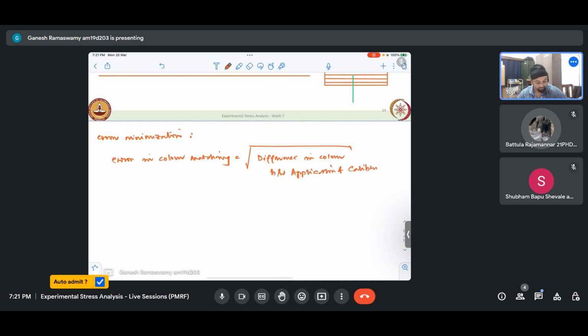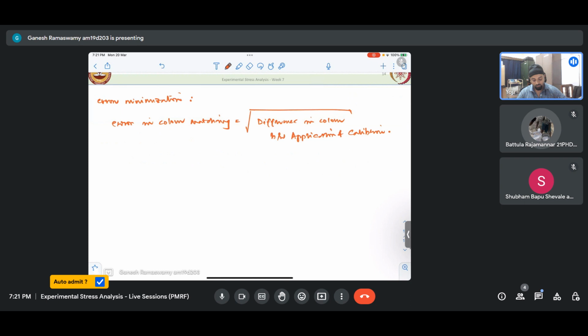So why am I doing root over? Because I'm essentially trying to calculate the square of the errors, so that whenever the error is positive and negative, it doesn't cancel out. I'm trying to sum up all of them and quantify it so that there is no compromise. So it is not a linear fit, it is a least squares fit.